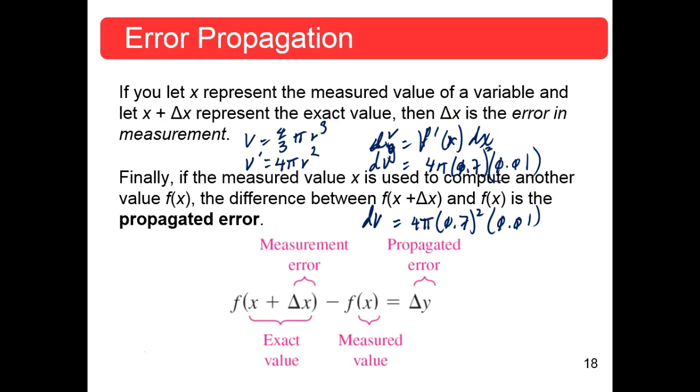So, if you'll punch this in, see what you get. The estimated propagated error, your change of volume, would be what? 4 times pi times 0.49 times 0.01.